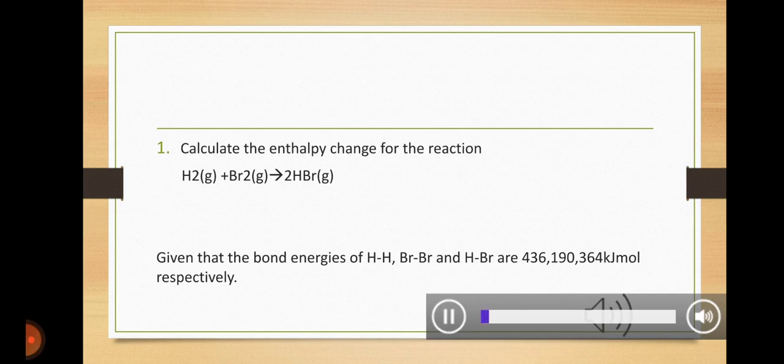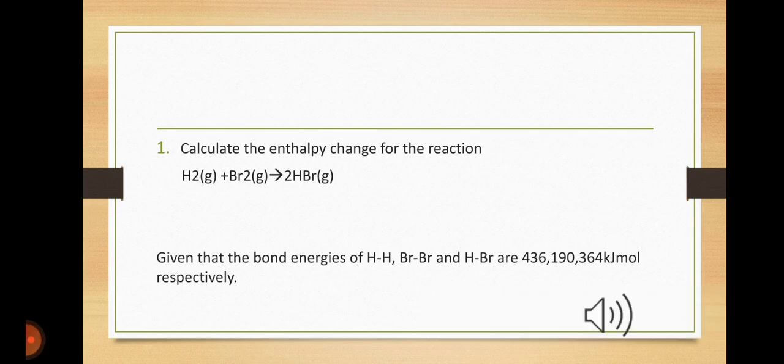So let us solve one of the problems. Calculate the enthalpy change for the reaction: hydrogen gas plus bromine gas gives 2 moles of hydrogen bromide gas. It is given that the bond energy of hydrogen is 436 kilojoule per mole, the bromine bond energy is 190 kilojoule per mole, and the hydrogen-bromine bond energy is 364 kilojoule per mole respectively.